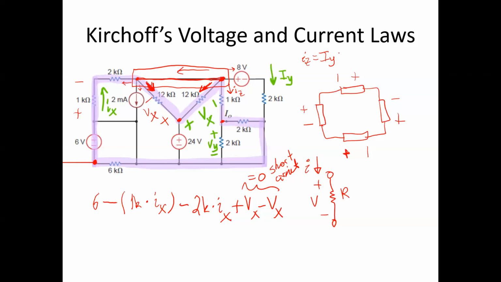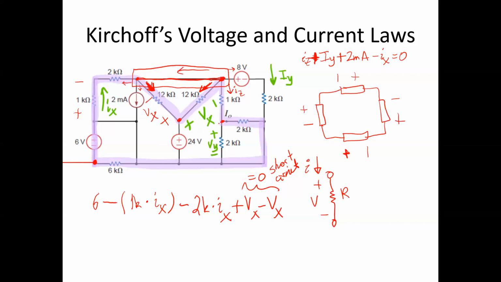But I do need to take into account the 2 milliamp source, which, let's write everything summed outwards, shall we? Then it's going to be IZ plus IY plus 2 milliamps minus IX is equal to 0. Okay, so then you could just take all of the other terms on the other side and you would find IZ.